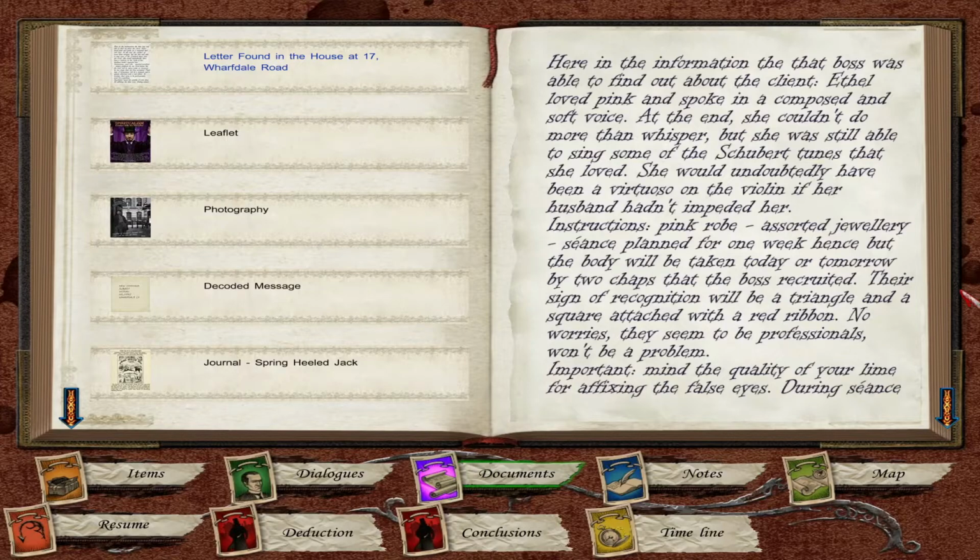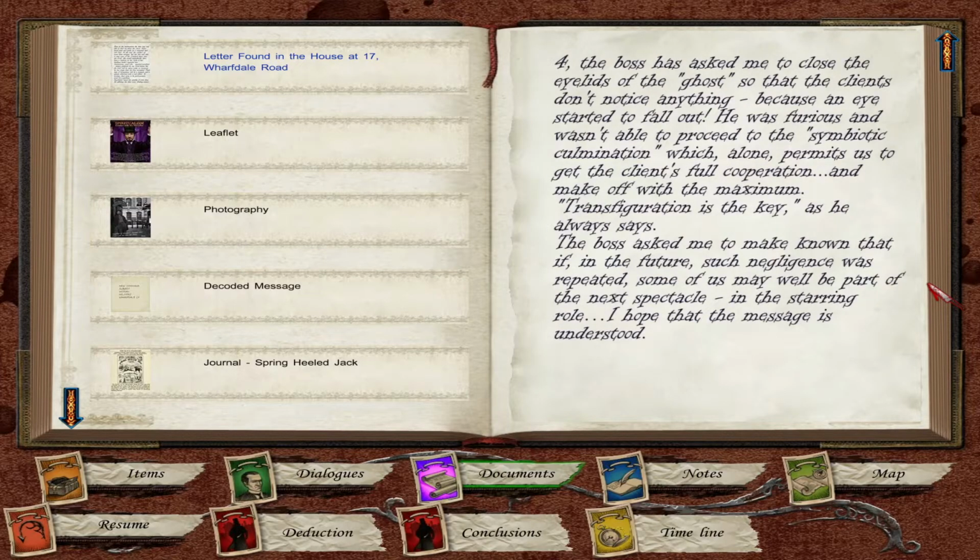Instruction: pink robe, assorted jewelry, seance planned for 1 week hence, but the body will be taken today or tomorrow by 2 chaps that the boss recruited. And their sign of recognition will be a triangle and a square attached with a red ribbon. No worries, they seem to be professionals. Won't be a problem. Important: mind the quality of your lime for affixing the false eyes.